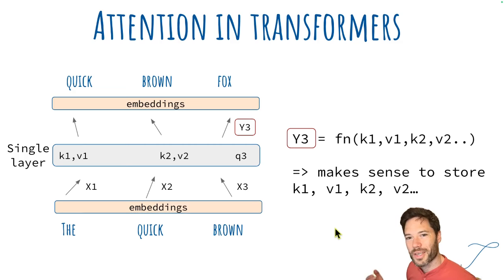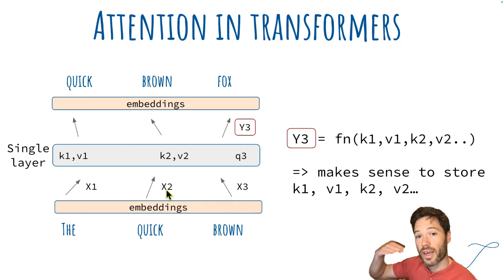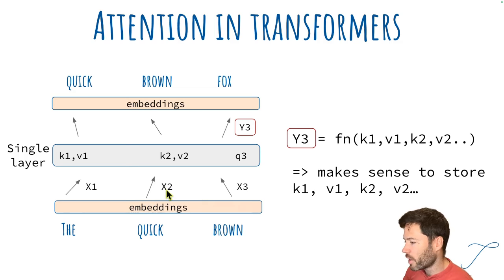So this is why when we say we store the KV cache, this is what we're storing. We're storing these representations of the input vector, and we're doing this at every single layer. I'm just showing one layer here.